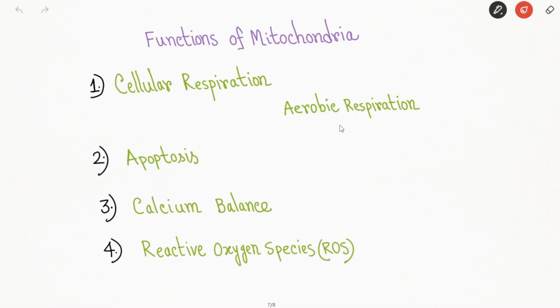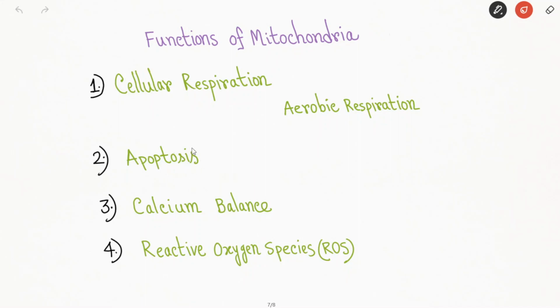And the second important function is apoptosis. Apoptosis is a procedure or signaling process through which mitochondria can kill a cell. If one cell becomes damaged or detrimental to the other surrounding cells, then mitochondria can kill that cell through a process called apoptosis.